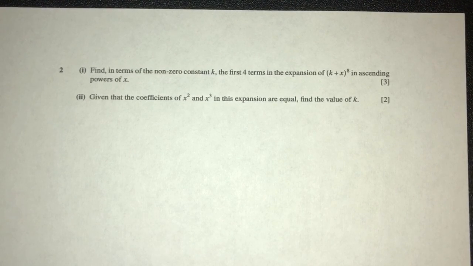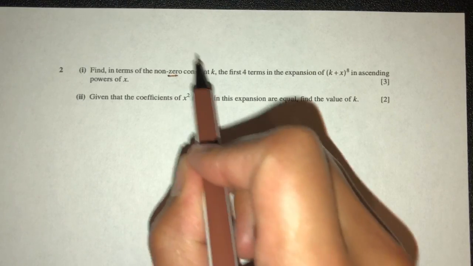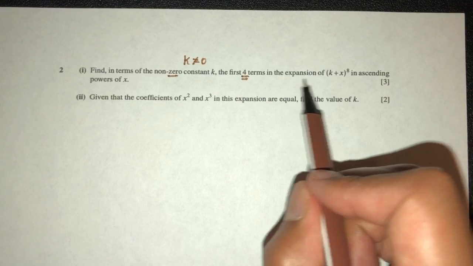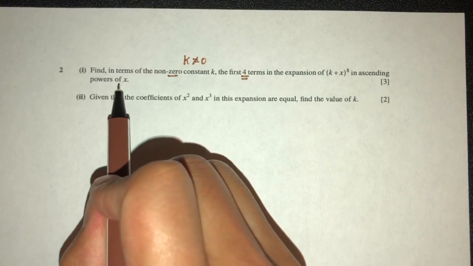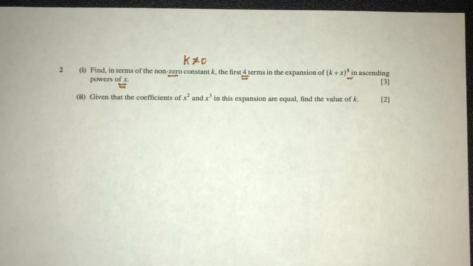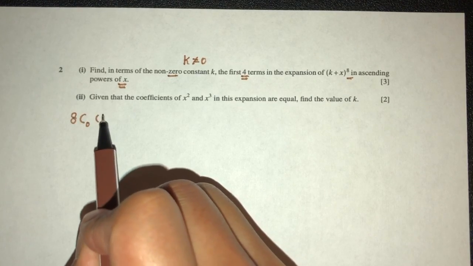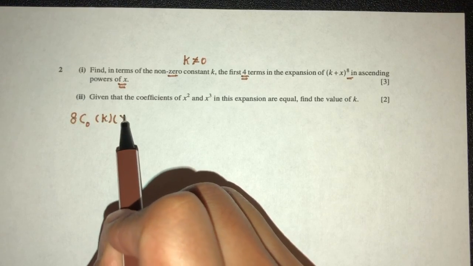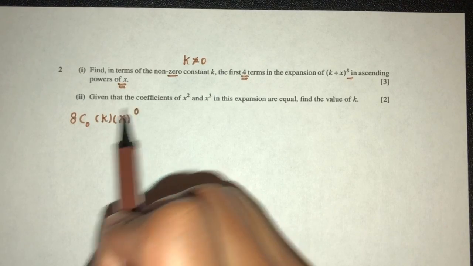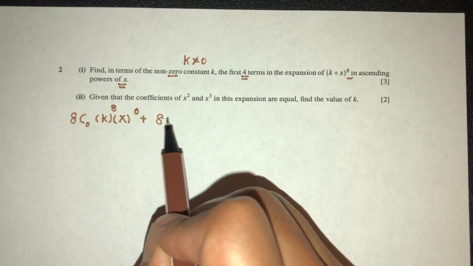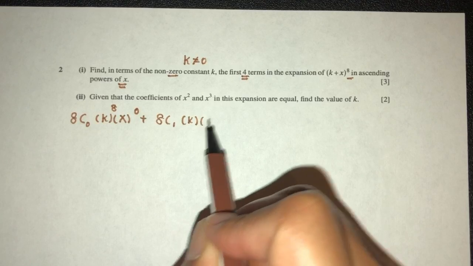Find, in terms of a non-zero constant k, so k cannot be 0, the first 4 terms in this expansion in ascending powers of x. Pretty easy. We have to find the first 4 terms. So the first term is 8 choose 0, that should be k, and that will be x here. This is 0, so this will be 8. Then we have 8 choose 1, that will be k, and that will be x.